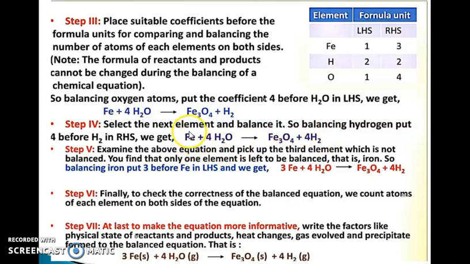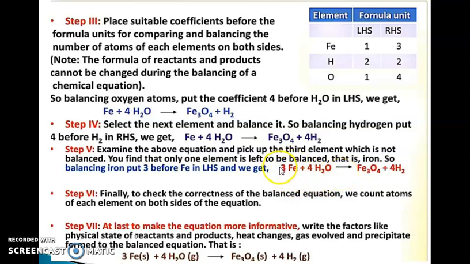In order to balance Fe, what we do, we just put 3 just behind the Fe, just like this. And after that, what we get is the balanced chemical equation.